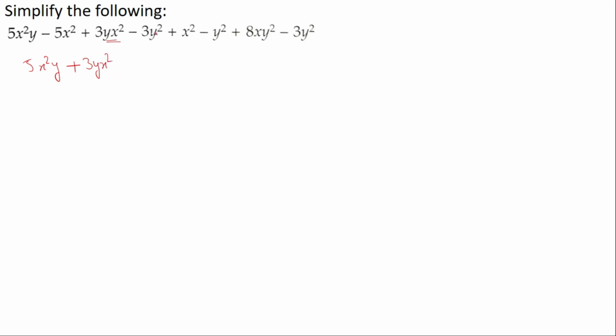Let us see if any other term is having the same x square y, no. Next we will write minus 5x square. Here we are having the same variables x square. Next we will move to minus 3y square, minus y square, minus 3y square.